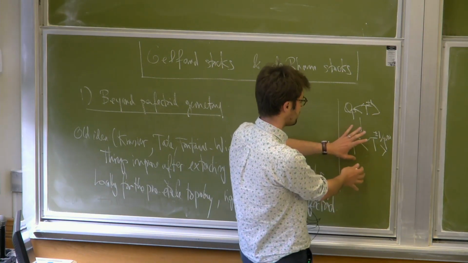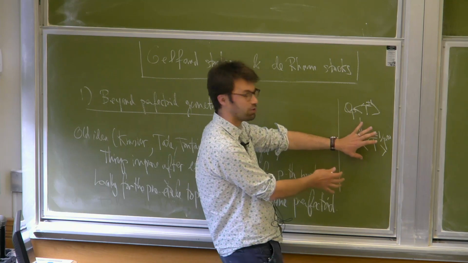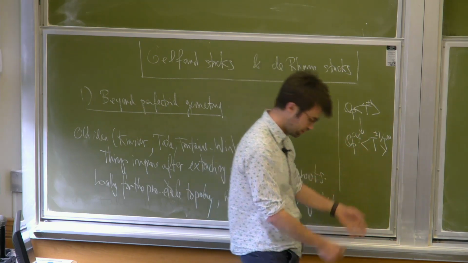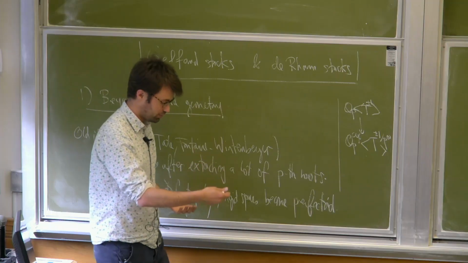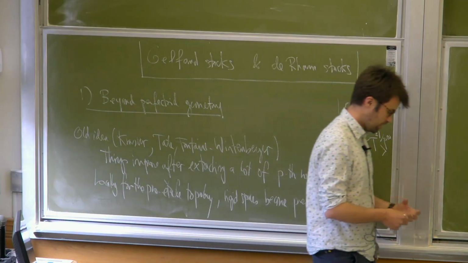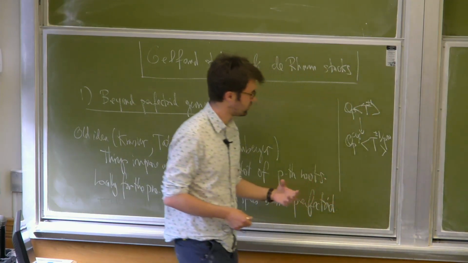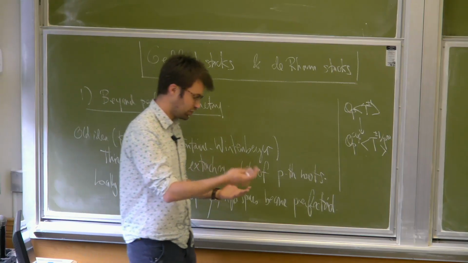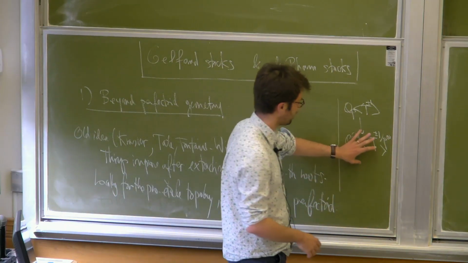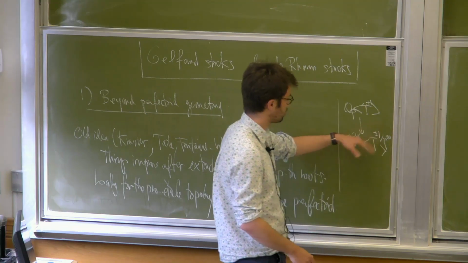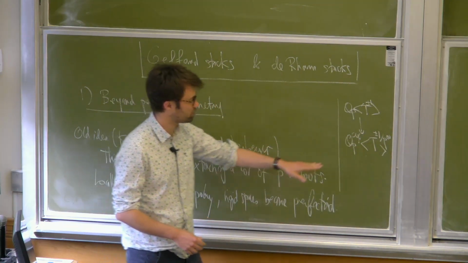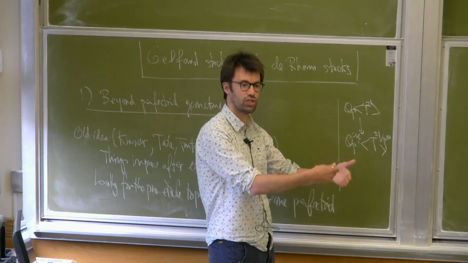And when you go to characteristic p, the condition of being perfectoid just becomes the condition of being perfect. And this allows you, since Frobenius is an isomorphism, typically you have some vanishing of cohomology up to some power of a pseudo-uniformizer, but using that Frobenius is an isomorphism, you can improve this to some almost vanishing.